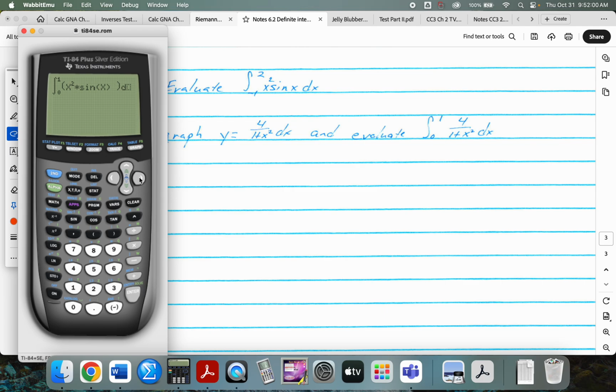The one thing that does look different is your calculator automatically opens a set of parentheses for the argument on sine, and we usually don't if it's just a single term. And then you have to tell it that the variable of integration is x. So it's 0.223.